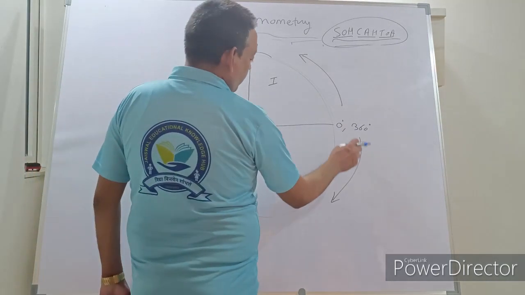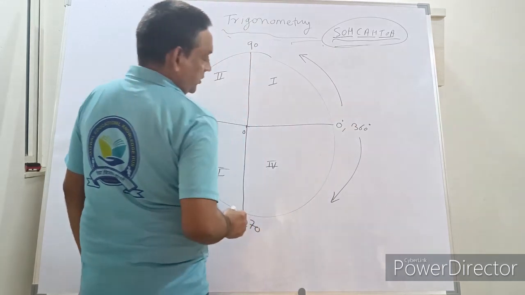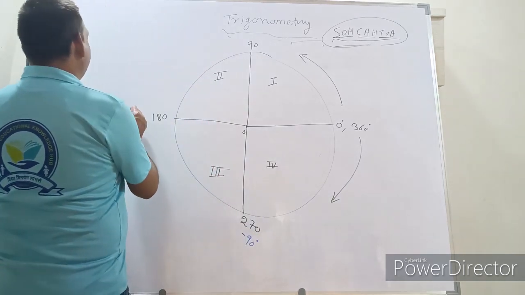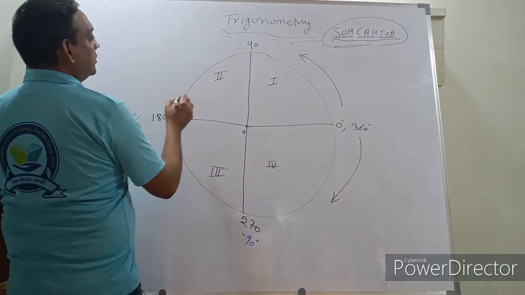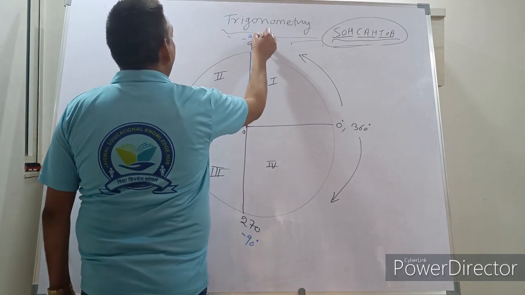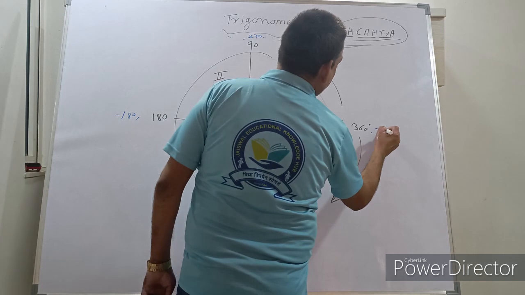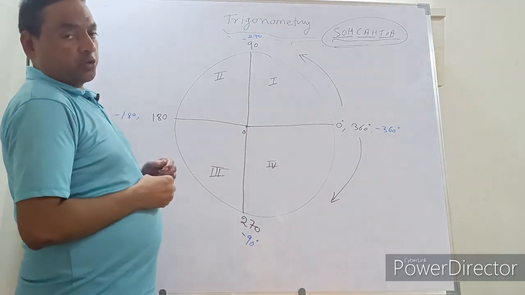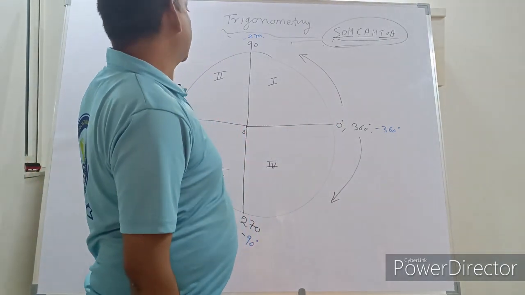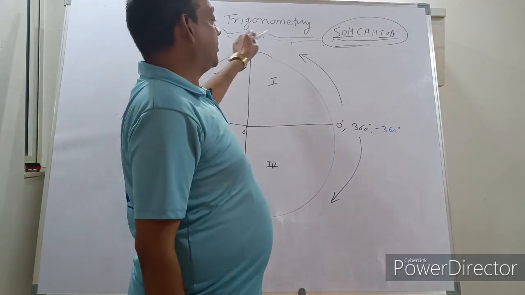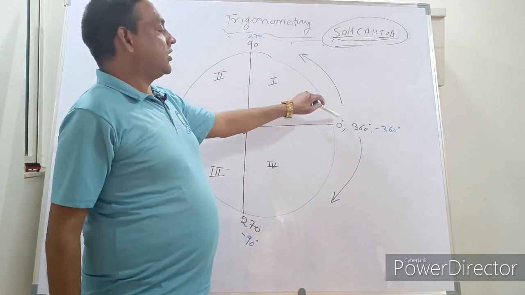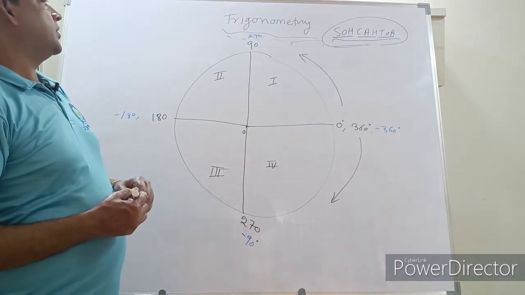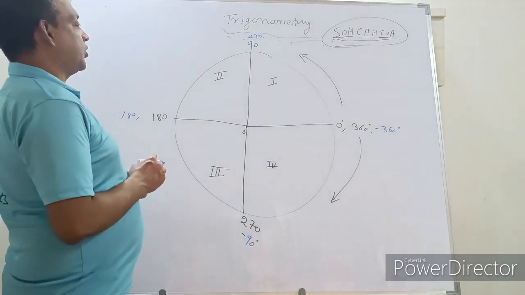So going clockwise from here, this will be 0 degree, this becomes minus 90 degree, this becomes minus 180, this becomes minus 270, and again this becomes minus 360 degree. So the clockwise direction gives the negative angles 0, minus 90, minus 180, minus 270, minus 360, and the anti-clockwise direction gives the positive angles 0, 90, 180, 270 and 360 degree.